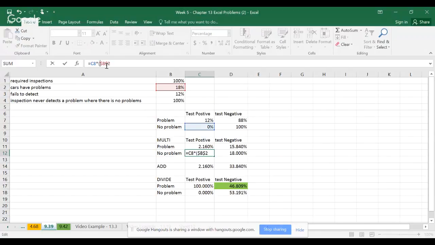So if you multiply 0 times 18 equals 0 for that one, but it's not for the next one. The inverse of 18. Because 82% of the cars in your population have no problem.